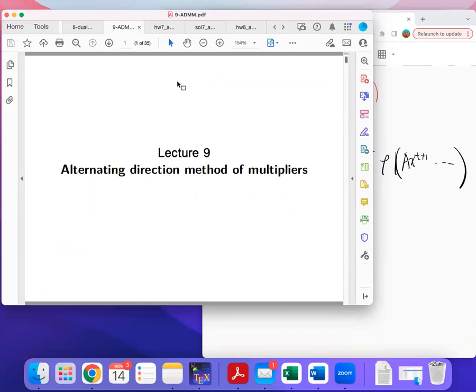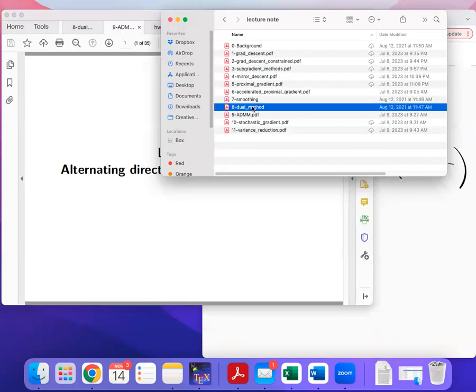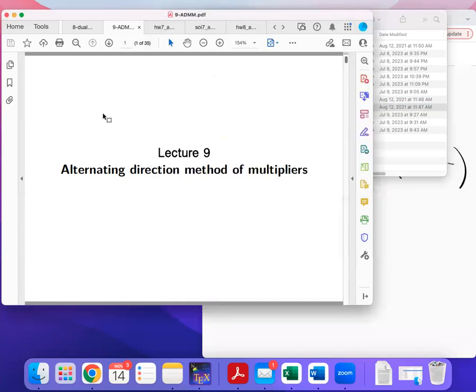Okay, so this lecture talks about the alternating direction method of multipliers. This is really like starting from lecture 7. Starting from lecture 8, when we start to talk about dual methods, we talk about the duality and primal dual formulation and several dual methods. And we have mentioned that those dual methods may not be that practical in real applications.